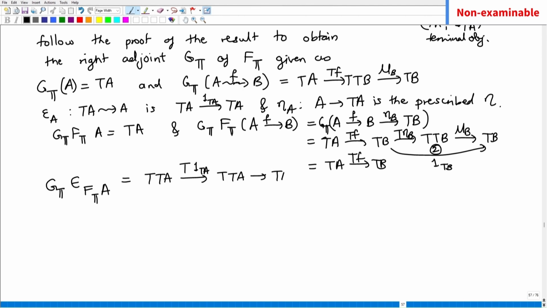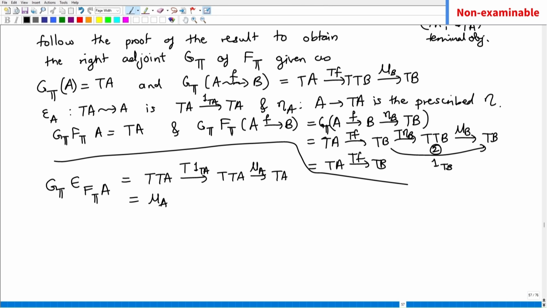And then you apply the multiplication mu A. Well, I think I made a, yes, this is in fact just equal to mu sub A. So mu sub A is precisely what we wanted to obtain. So the multiplication given by this particular adjunction, the Kleisli adjunction, is also mu. So we have verified literally every single thing.